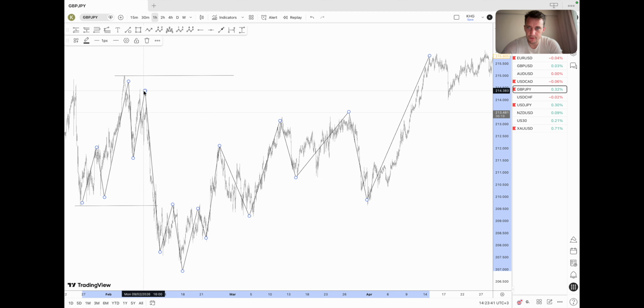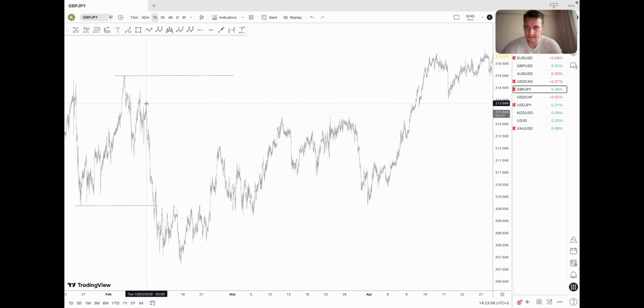So you first want to see your swing lows and your swing highs get broken, and you want to see a market structure shift, a retracement back to B, and then a clear break of structure.